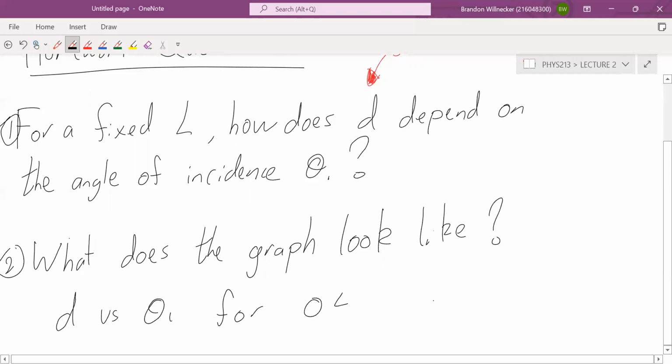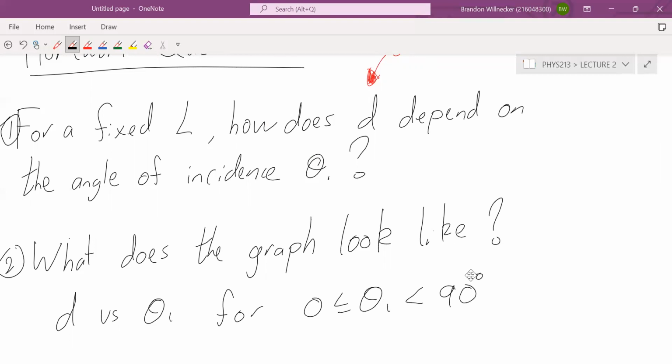I shouldn't say less than or equal to, because it might not be exactly 90, since then the light ray is just going tangent to the surface. We don't want that. So just before 90, what happens?